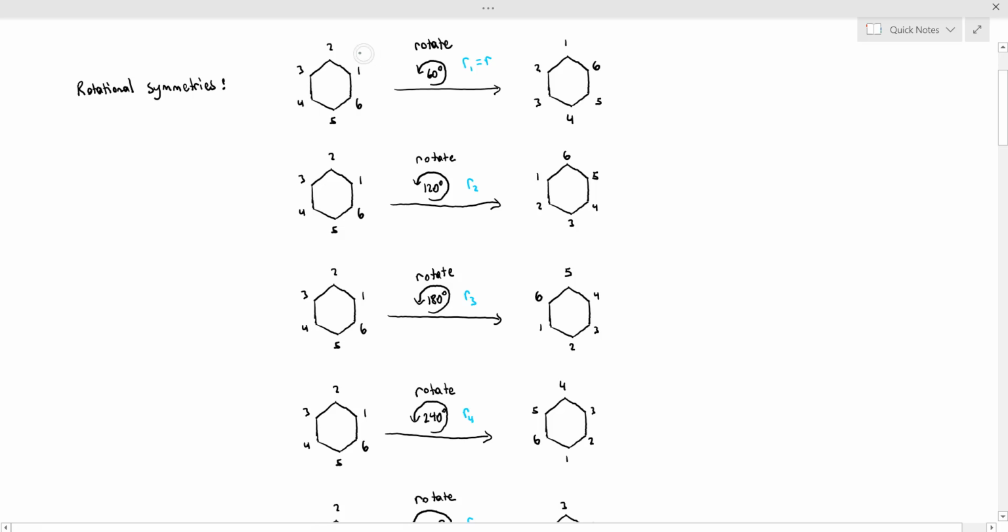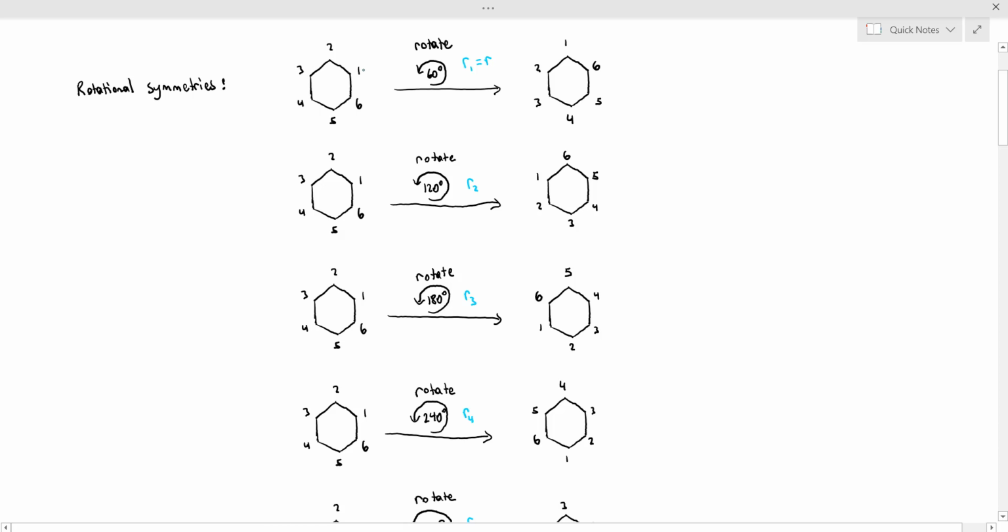So starting with this picture of a hexagon where I've numbered the vertices 1 through 6, one thing that we can do is rotate this hexagon 60 degrees counterclockwise. If we do that, then we're going to end up with the same shape, although the vertices have shifted position.